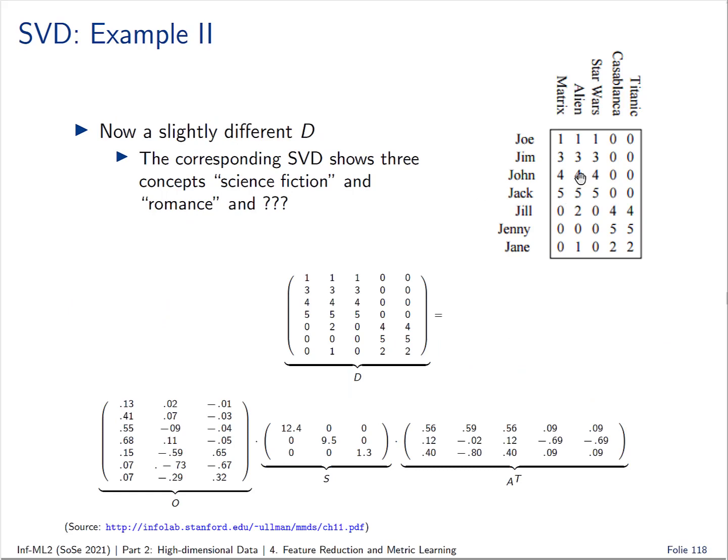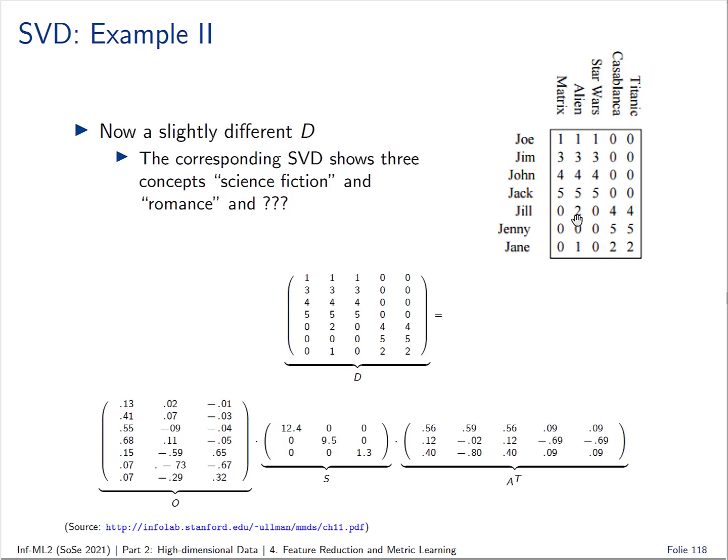So we have the same data set as before, at least in these matrices here. Joey, Jim, John, and Jack are still fans of science fiction. They don't care at all about romance movies. Jill, Jenny, and Jane are the same as before about the romance movies.